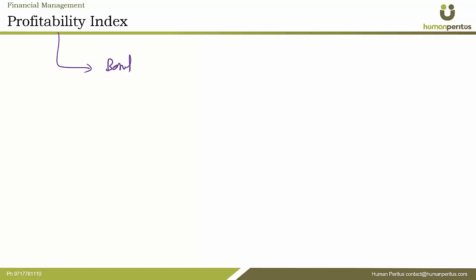Let us look at the next thing, which is profitability index. It is the next method of capital budgeting. Another name for profitability index is what? Benefit cost ratio. Okay. So what is profitability index?